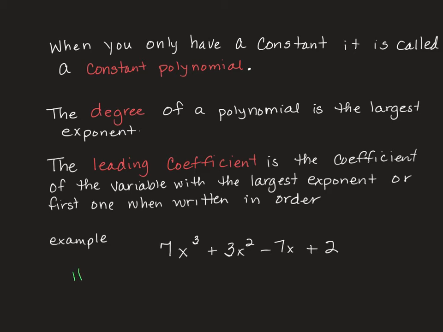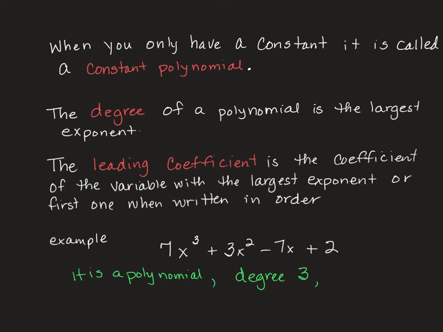It is a polynomial. What is the degree of the polynomial? When I look at this, I notice my exponents are in order from largest to smallest. The largest being 3, so my degree is 3.